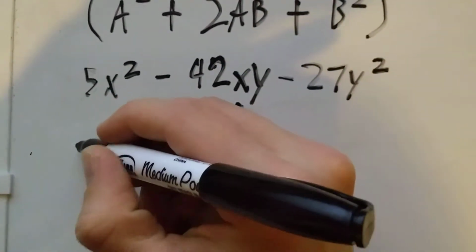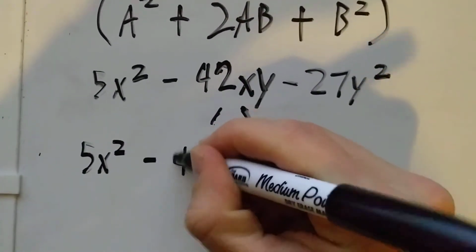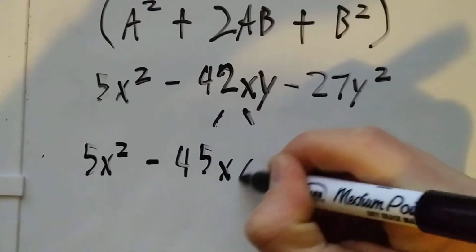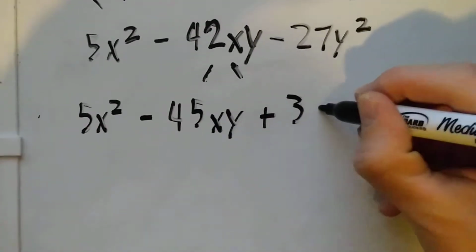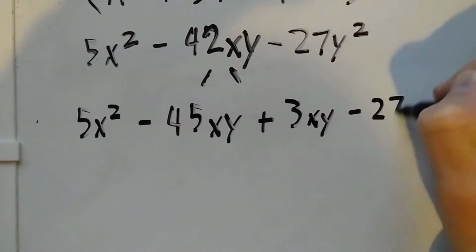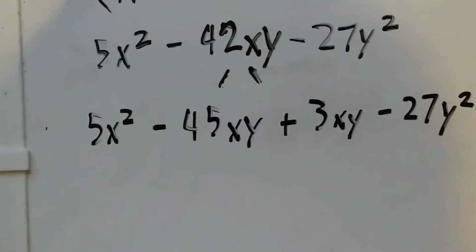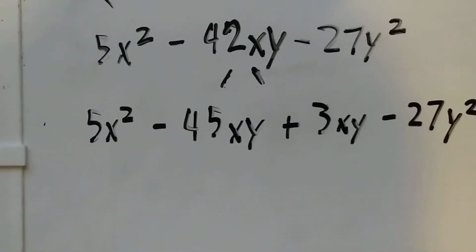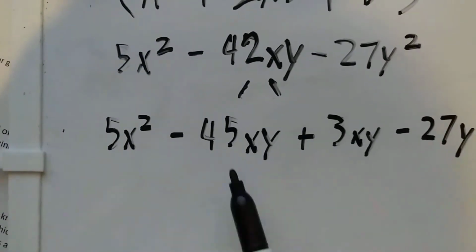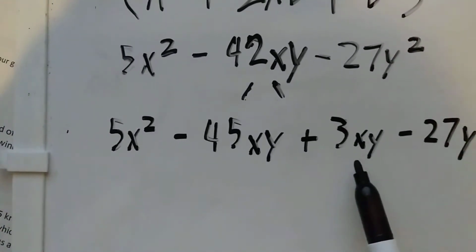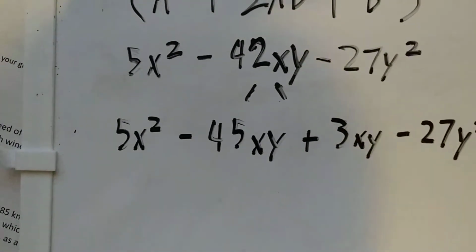So if we want to break it down, we'll get 5x squared minus 45xy plus 3xy minus 27y squared, because 5 times negative 27 is negative 135, and negative 45 times 3 equals negative 135.